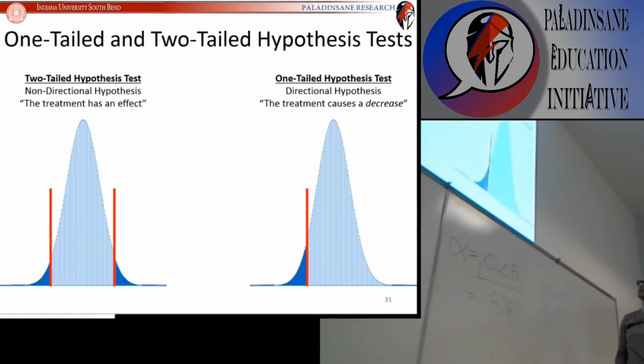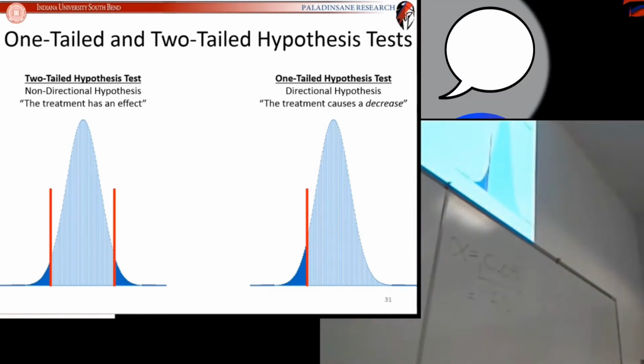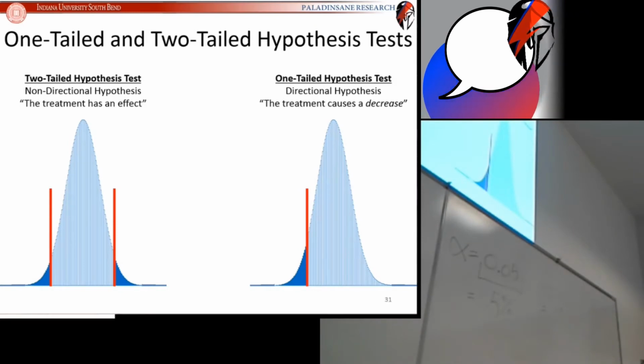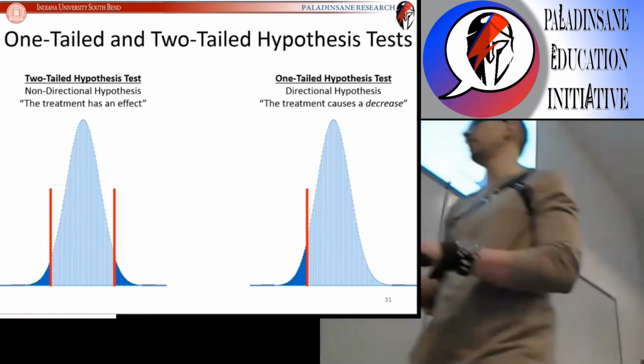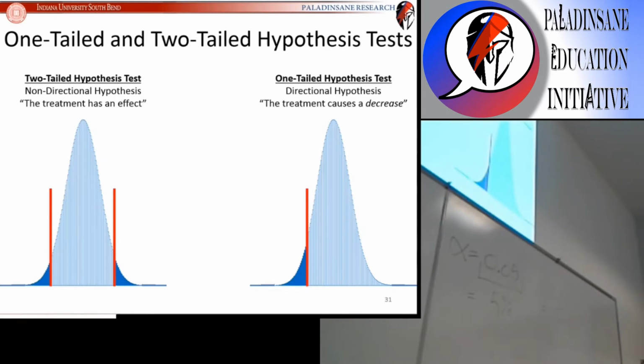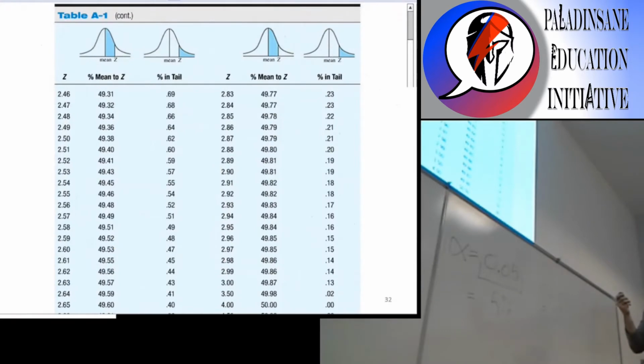If, on the other hand, we're doing a two-tail test, then we have to be very, very careful, because 1% divided by 2 is 0.5%. It's 0.5% in each tail. So we put 0.5% in one tail, we put 0.5% in another tail, and that's the number we have to find in our table. So we go to our table. Once again, we scan percentage in the tail.